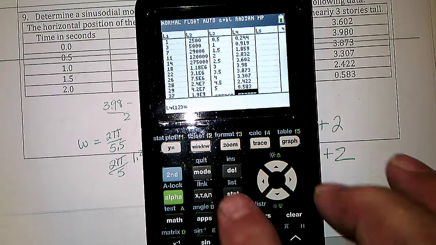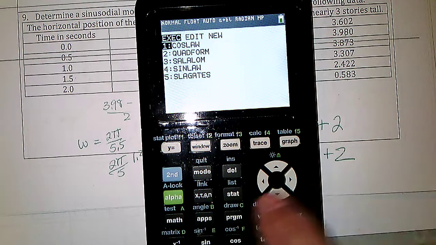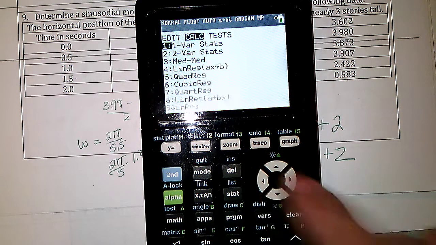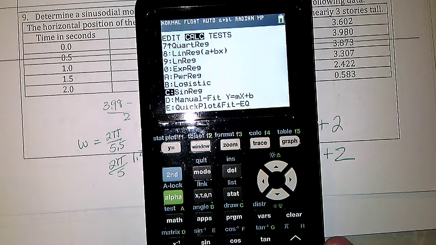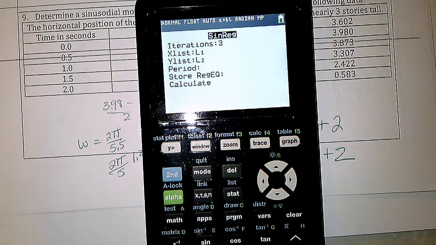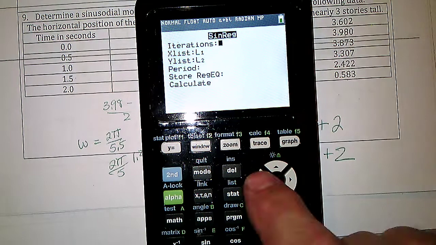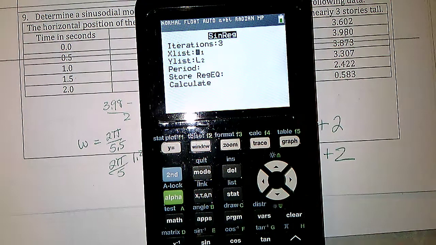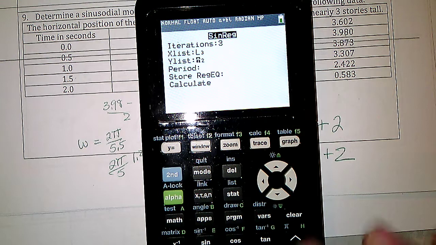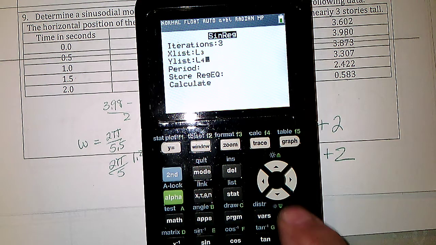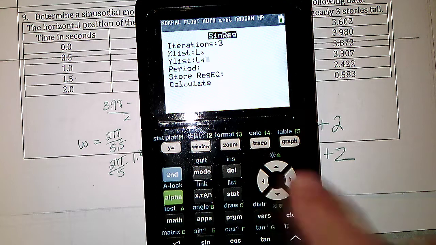And now I push Stat, calculate the sine reg, and if you were doing it in the older calculator, you would put list 3 for the x's and list 4, and I can have it put it in there.